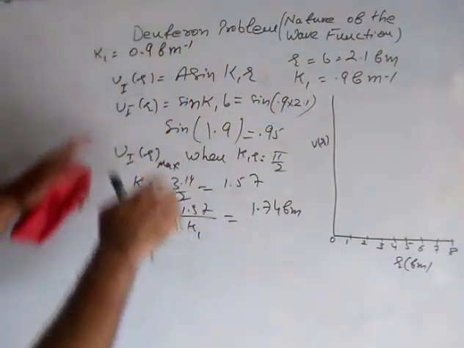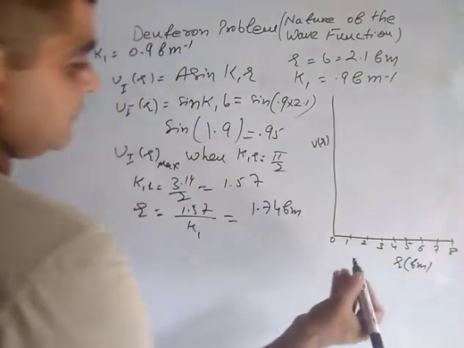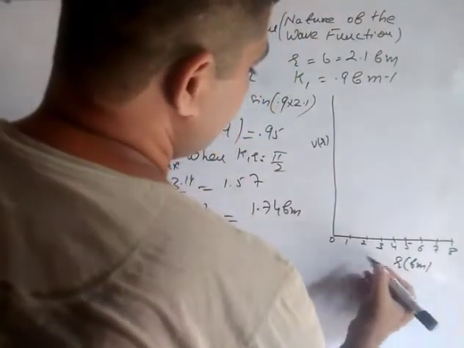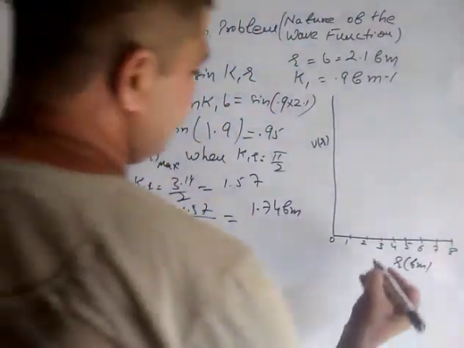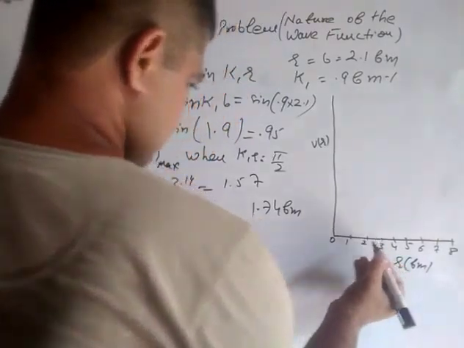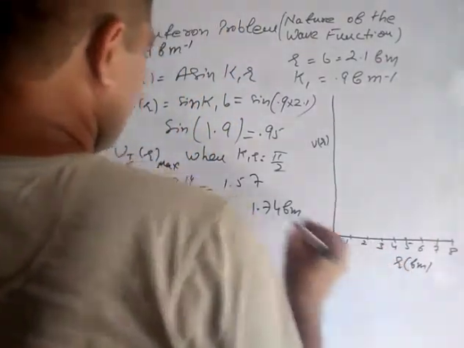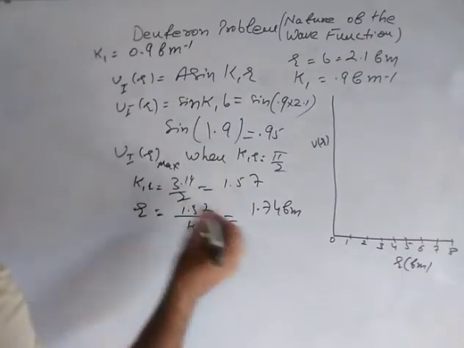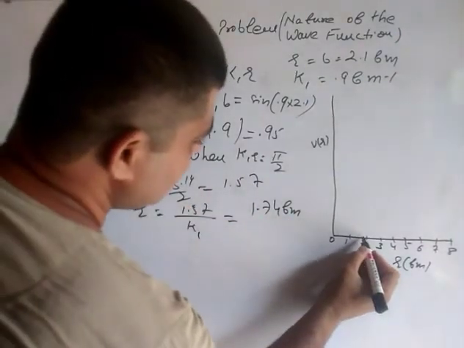Now our region 1 is from r equal to 0 to r equal to 2.1, or r equal to b. So here our region 1 is over at 2.1. The maximum value of the wave function is at 1.74, so 1.74 will be somewhere here.